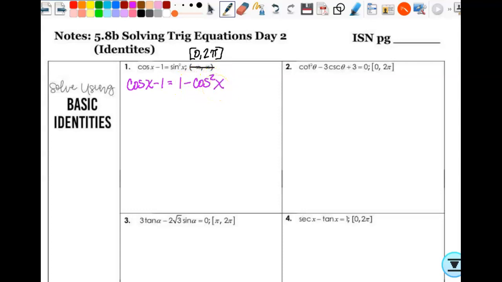Okay. Now I have a quadratic, and in order to factor a quadratic, or to factor anything, I want to set it equal to 0. So I'm going to move everything to the left so my squared term stays positive. So I get cosine squared x plus cosine x minus 2 equals 0. Then I have something that I can factor, right?